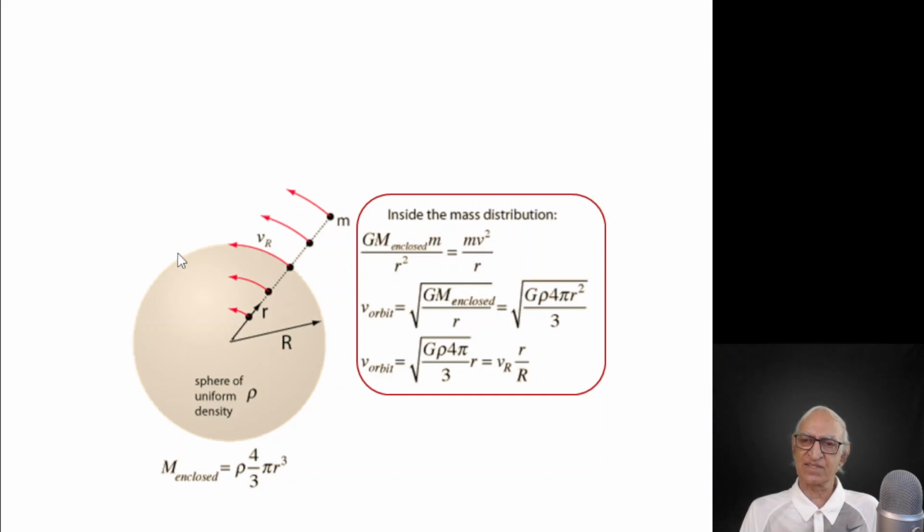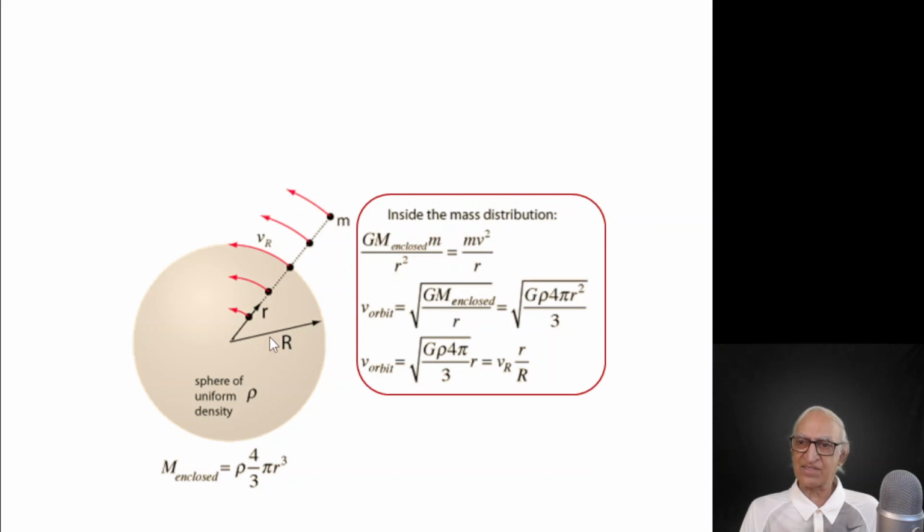Whichever dot you consider, it is the mass interior to that radius. So GMm by r squared is equal to the centripetal force mv squared over r. Therefore, the orbital velocity v, or theta according to our previous notation, is the square root of GM divided by r.